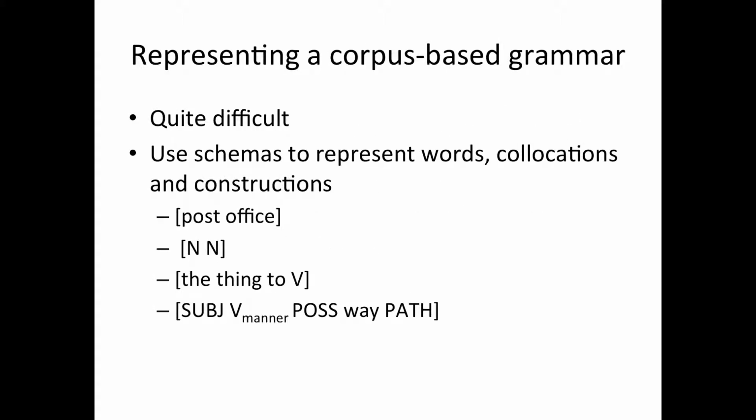It's quite difficult to represent this kind of view of grammar. We use some kind of schemas where we use brackets, like post office to represent that collocation, or NN for noun compound, or the thing to do, or the thing to say, where you have a V slot.